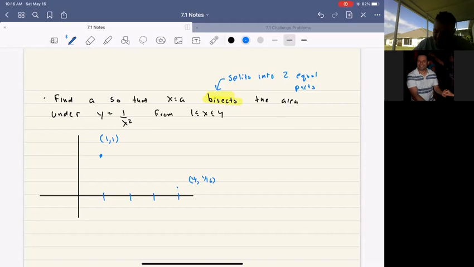This is definitely not to scale. This is 2, 1/4. 3, 1/9. Yeah, it looks like so. So we're drawing this area. So the first thing we're going to do, we're going to find this area.